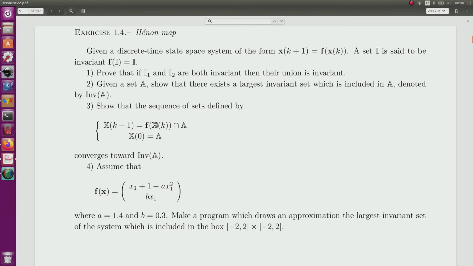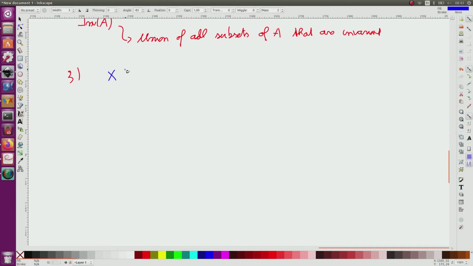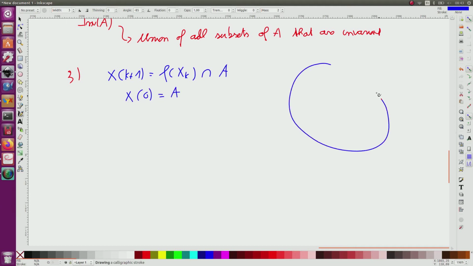Question number 3. I consider a sequence given by this recurrence and initialized at x of 0 equal to A. Now I have to show that this sequence will converge to the invariant set. I have the sequence x of k plus 1 equal f of xk intersected with A, initialized at x0 equal to A. So let me draw this.